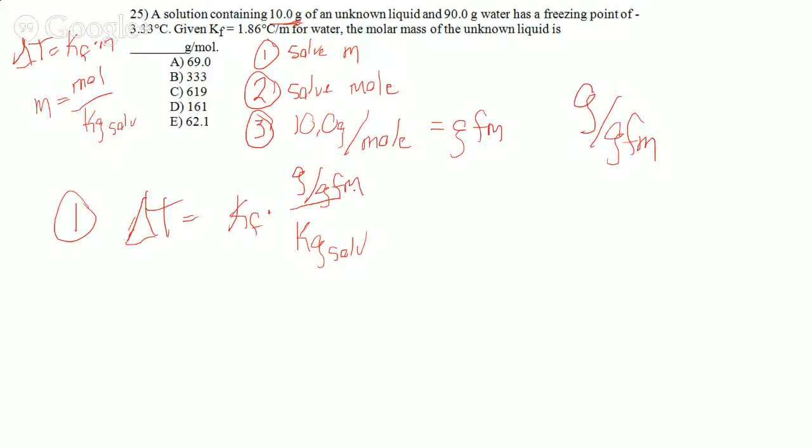And now I have one equation where the only thing I don't know is the thing I'm trying to solve for. They told me the delta T, they gave me the Kf, they gave me the grams of solvent, and they gave me the grams of the solute. So now I just have to rearrange this to give me the GFM. That's just some algebra skills.